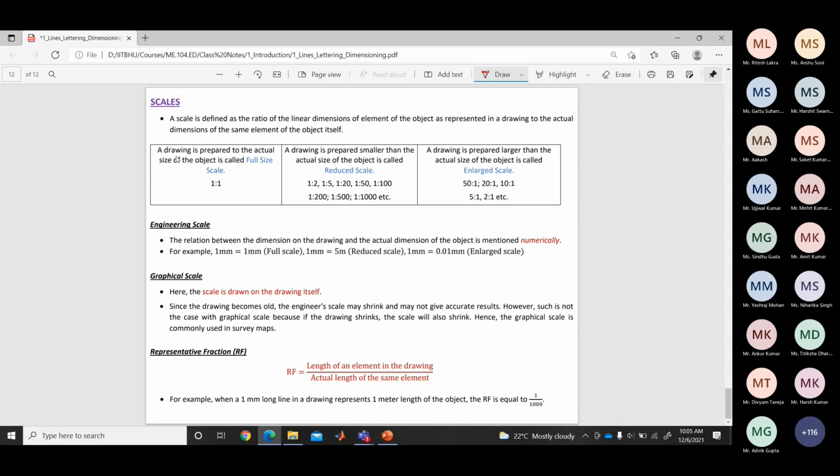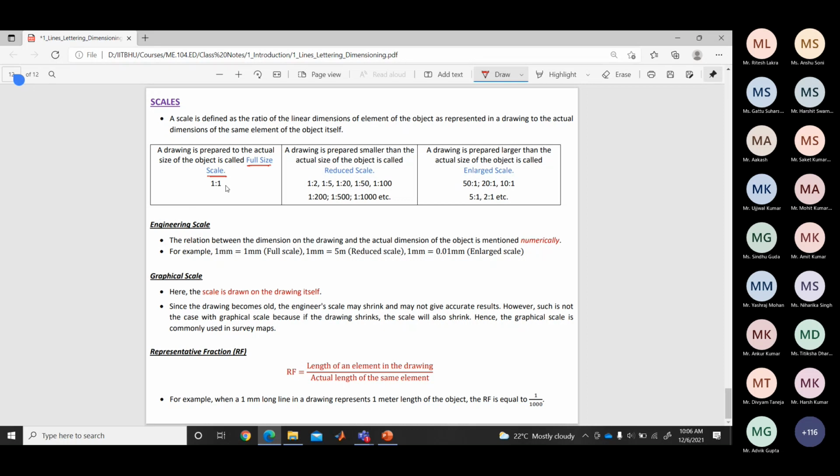Suppose the drawing is prepared with the actual scale of the object, then we call this a full size scale, and the corresponding drawing is called a full scale drawing.